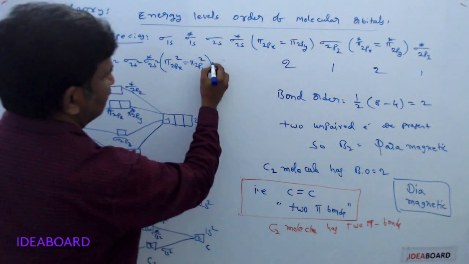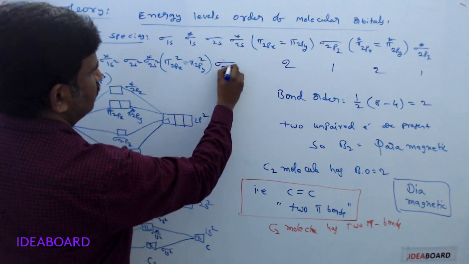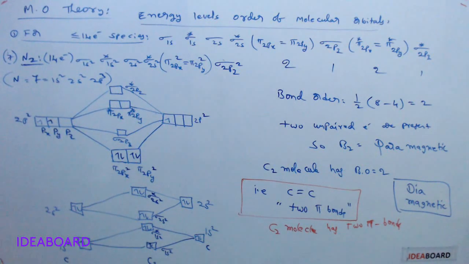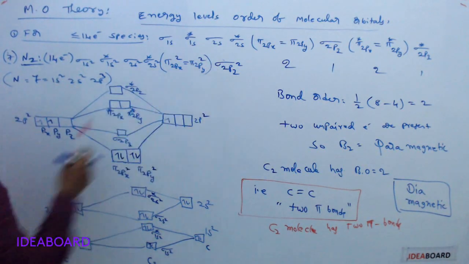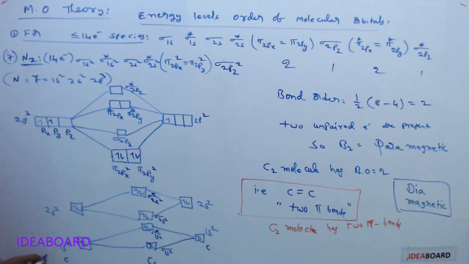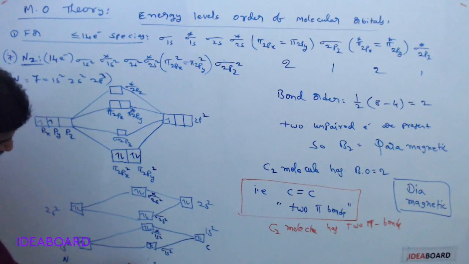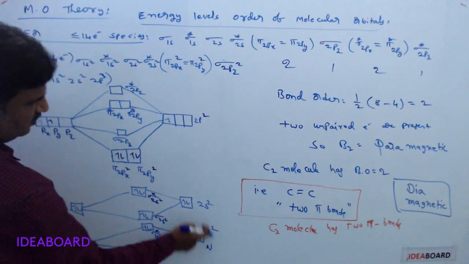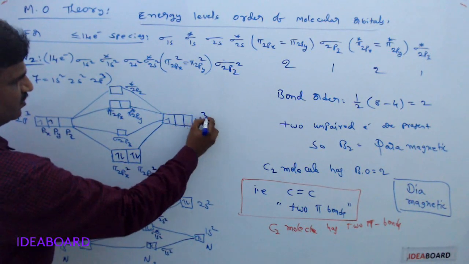Then what is present? Sigma 2pz2. Okay, then it is the 14 electron configuration and nitrogen here has 2p3. This is nitrogen, not carbon now, and this is the N2 molecule formation, and it is also nitrogen 1s2, 2s2, 2p3 configuration.